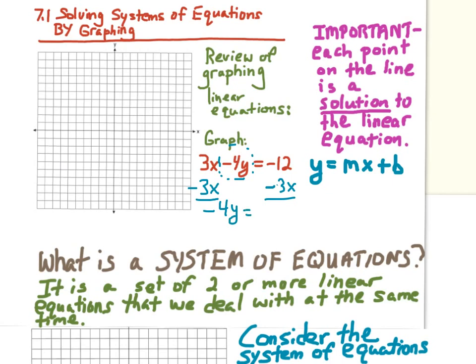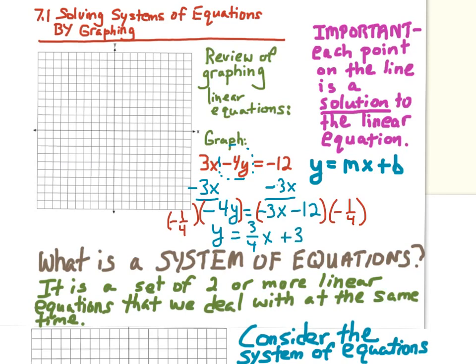I'm going to put the negative 3x first, minus 12. And then I'm going to multiply both sides by the reciprocal of negative 4, which is negative 1/4, and distribute that to both terms on the right side. So that'll be y equals 3/4 x plus 3.